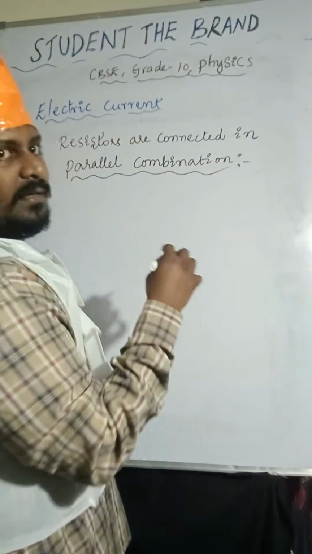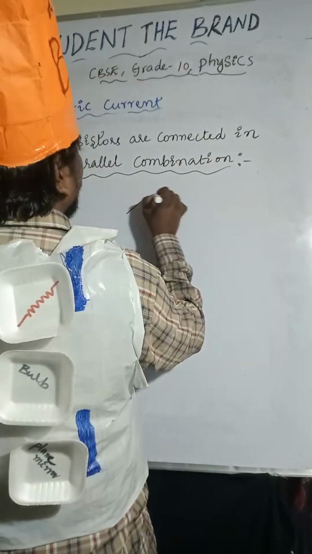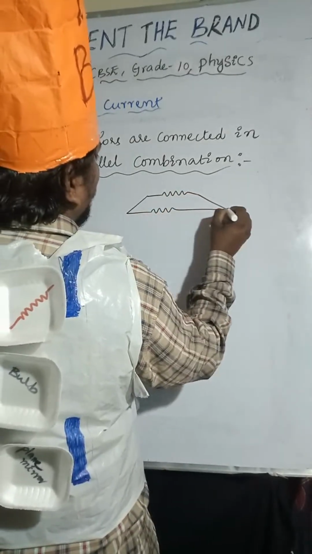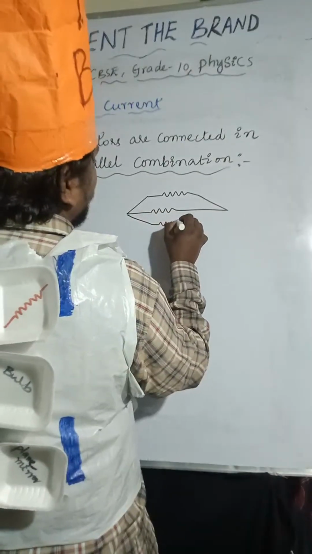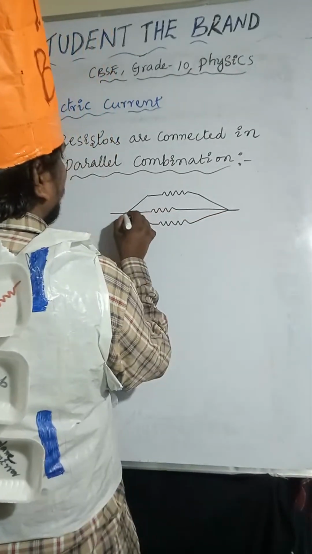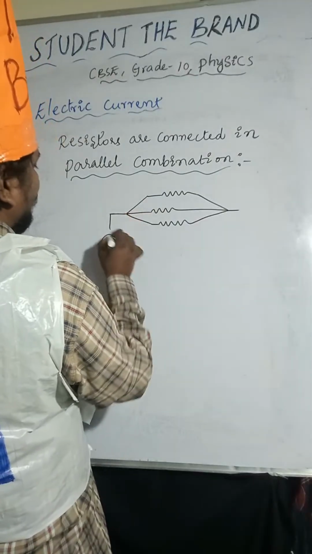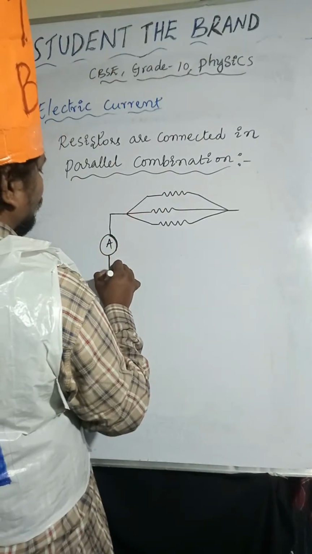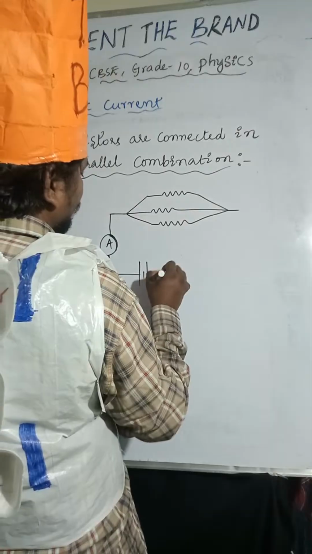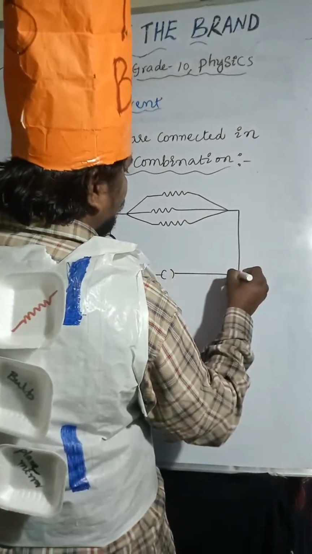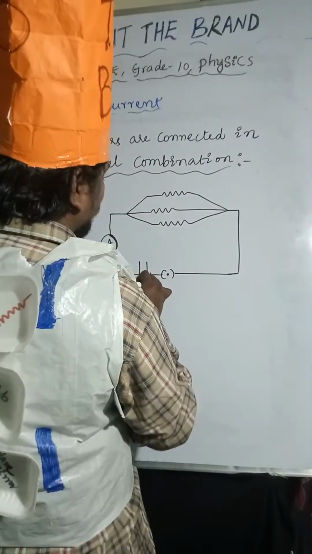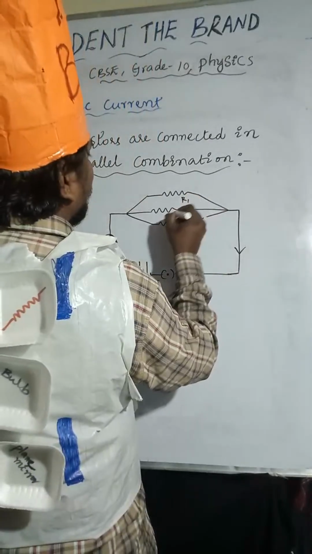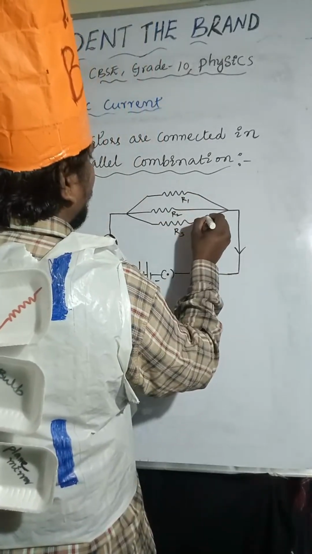So now you can see the ammeter, R1, R2, R3.